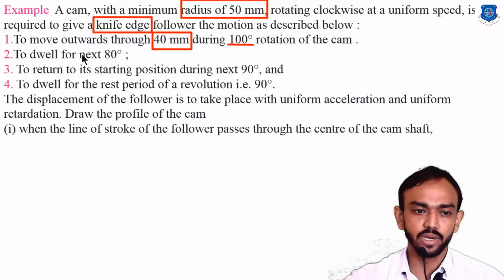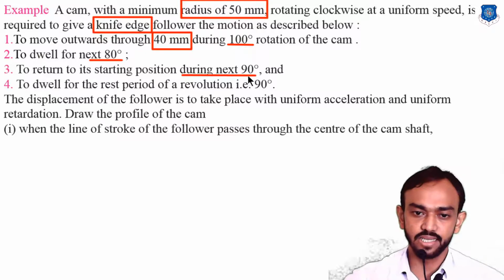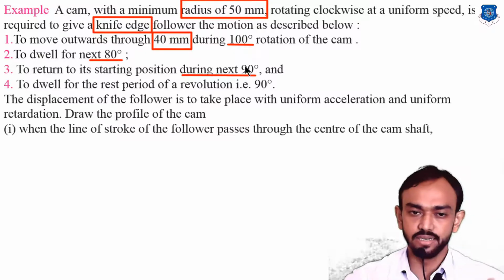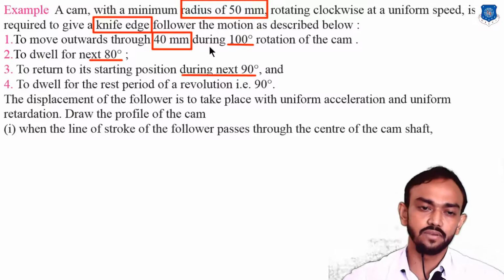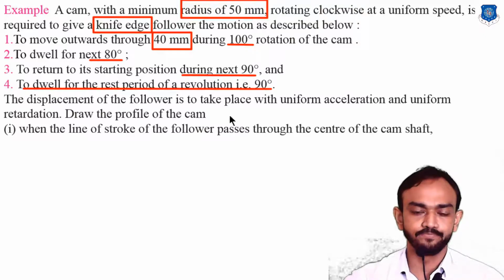Then for the next 80 degrees the follower will dwell at the same position at the top, which is dwell angle theta 2. Return starts during the next 90 degrees, after the 180, and for this 90 degrees the follower returns, covering a distance of 40 mm. Then it dwells for the rest of the period.